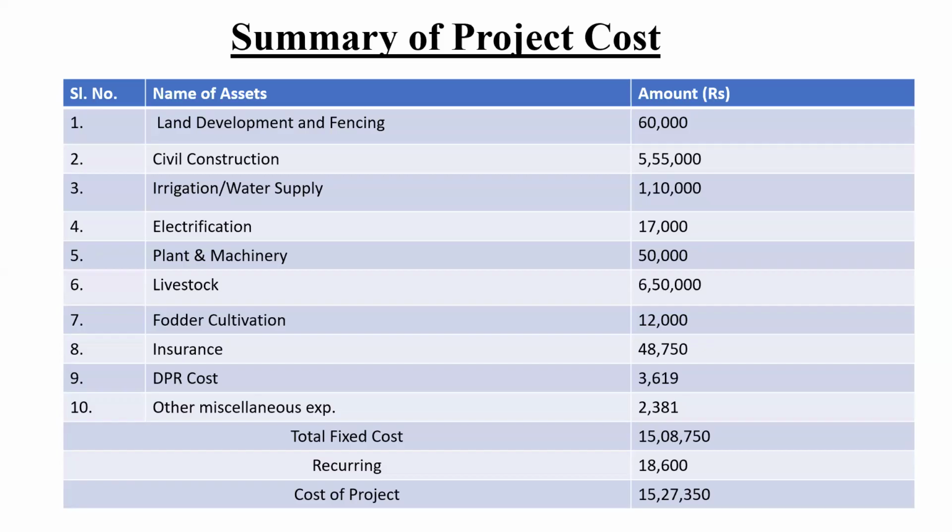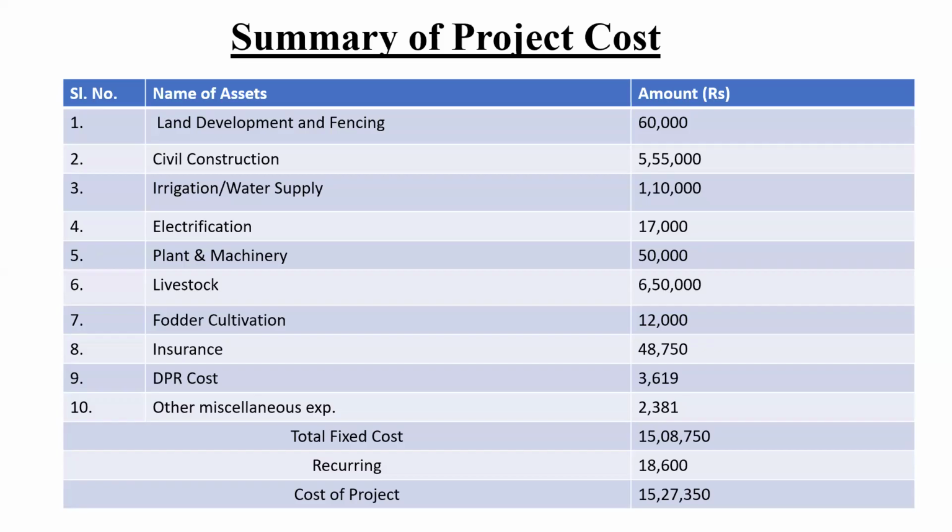For the livestock, let us consider 10 cows. The cost of each cow is around 65,000, so the total cost for 10 animals is 6,50,000. Fodder cultivation requires around 12,000. Insurance is about 48,750 rupees.